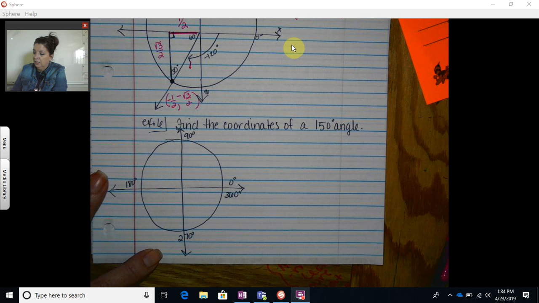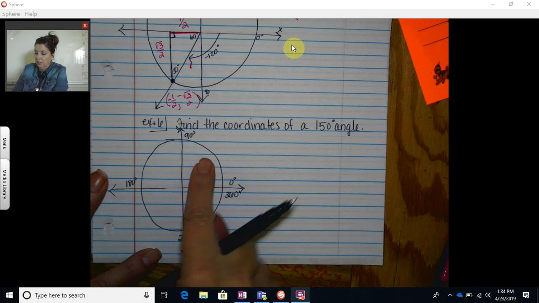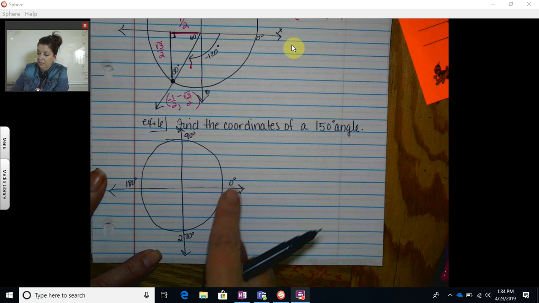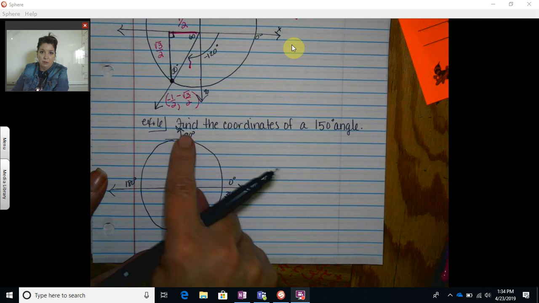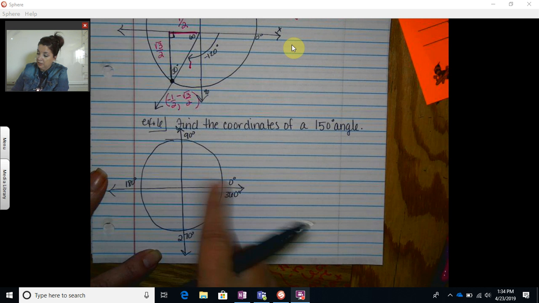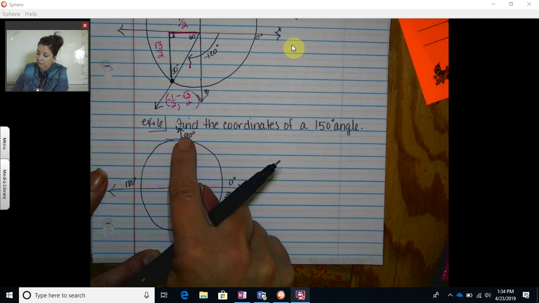Second. Remember, this is quadrant 1, 2, 3, 4. And it's positive, right? So we're going counterclockwise. So from here to here's 90. Somewhere between 90 and 180. Am I right? Okay. So if we get 90, how many degrees past 90 do we need to go? 60 degrees past 90.